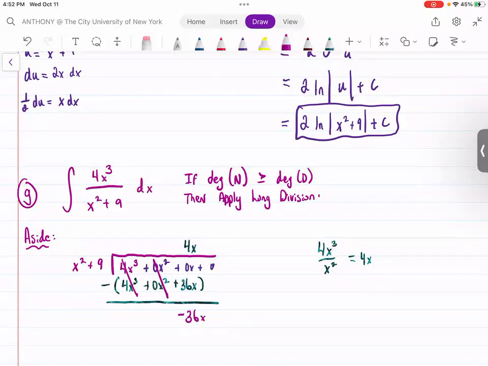Now it's just a matter of repeating it, but be careful. Can x squared go inside of negative 36x? No, it cannot. So negative 36x, we call that the remainder.